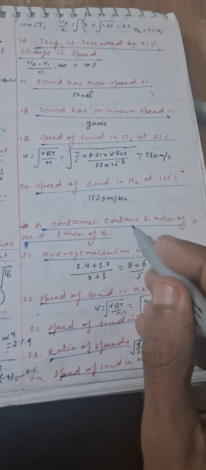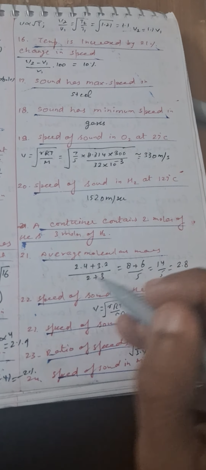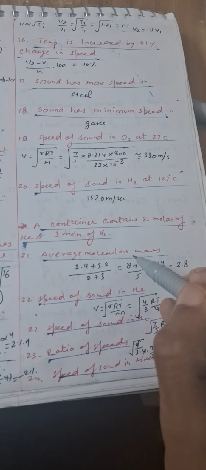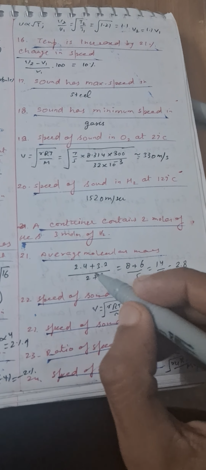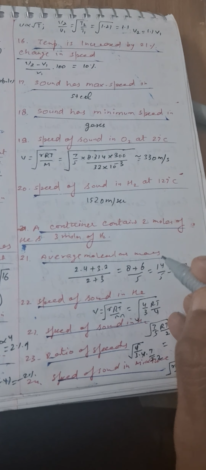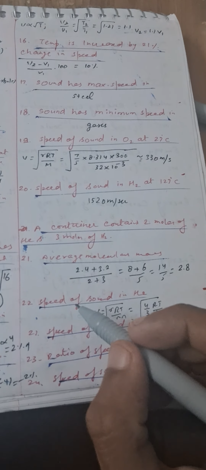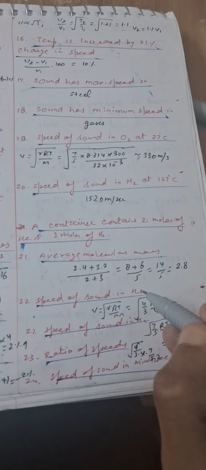Next, a container contains 2 moles of helium and 3 moles of hydrogen. We need to find the average molecular mass. The average molecular mass is N1 M1 plus N2 M2 by N1 plus N2. Using this we have 2.8. Next is the speed of sound in helium.